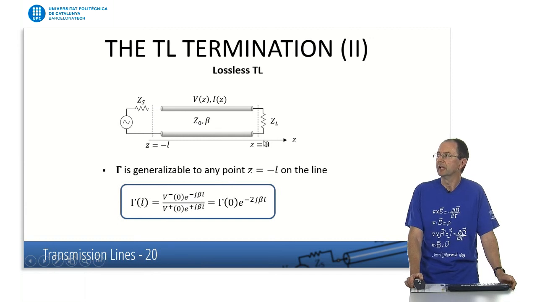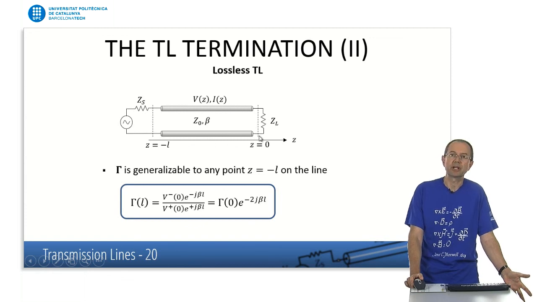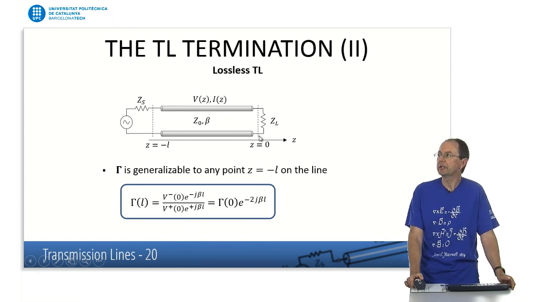This means that if we know the reflection coefficient at one point, for example at the end of the line, with the previous expression we can also express the evolution of this reflection coefficient along the transmission line. And this is described by this expression.